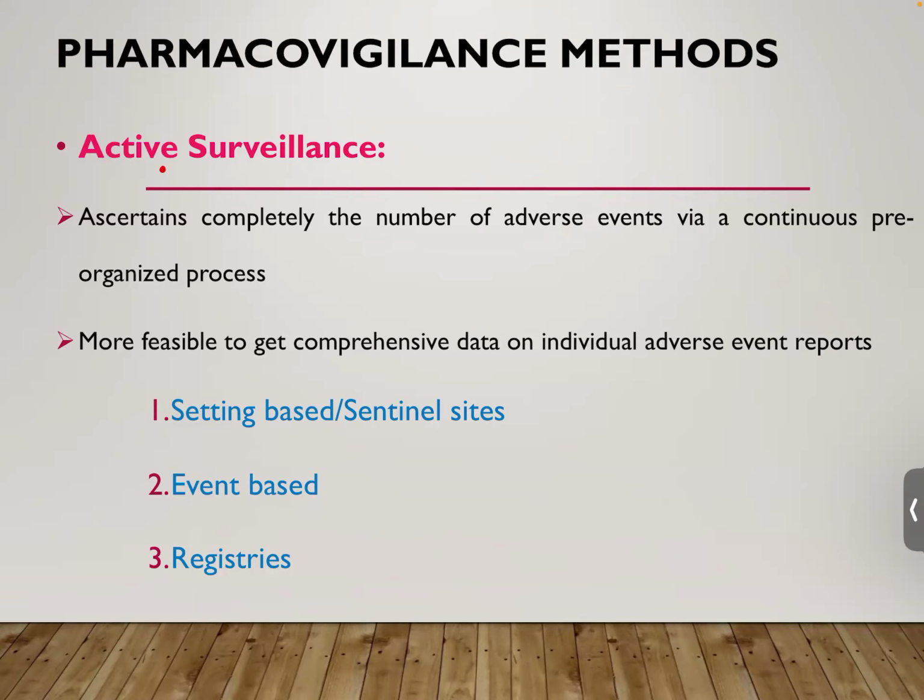Active surveillance is where you record adverse events by a continuous, pre-organized process. Suppose the pharma company has set up a few sites, like AIIMS Delhi, Safdarjung Hospital, and similarly some hospital in Chennai and some in Bangalore.